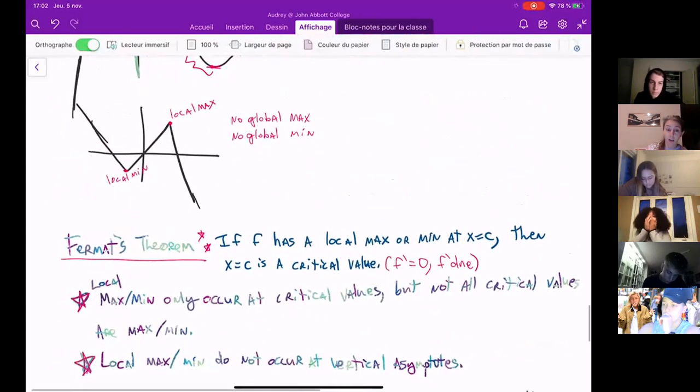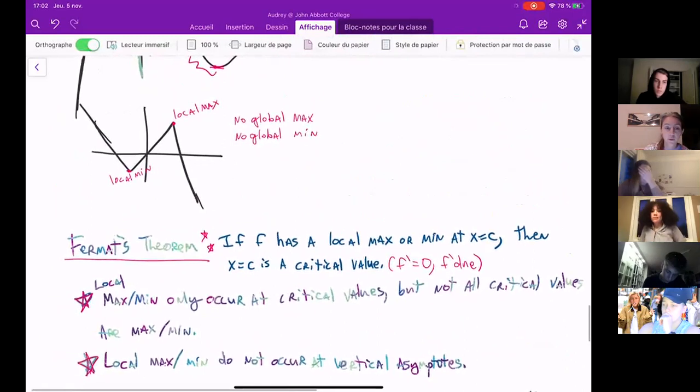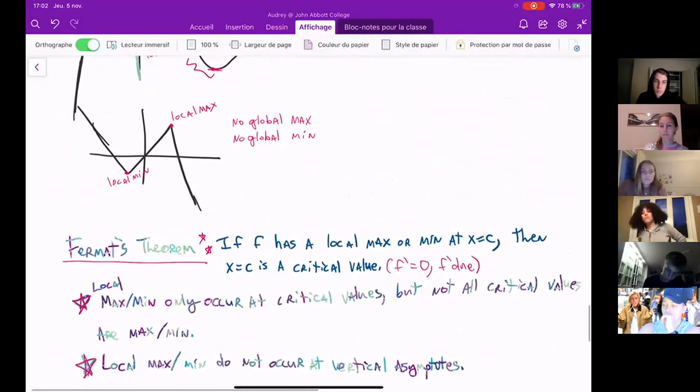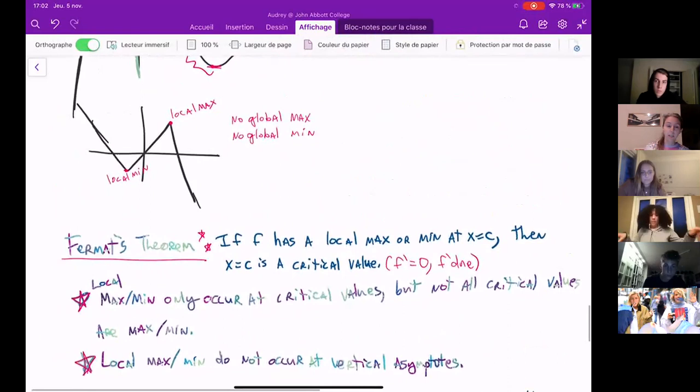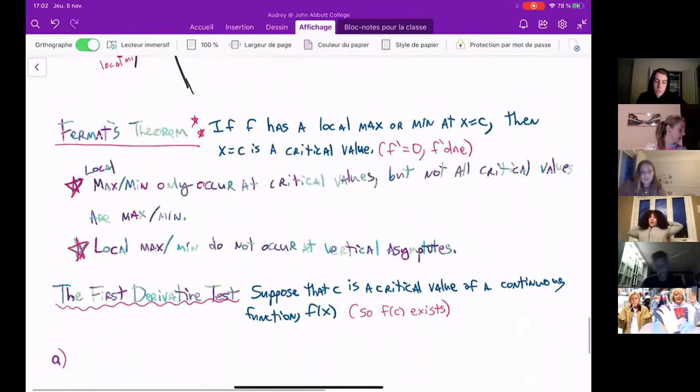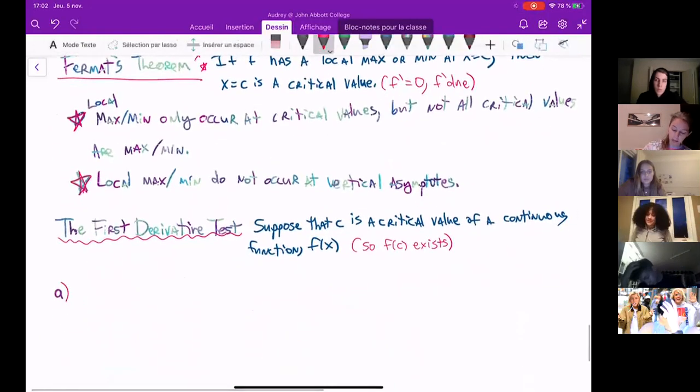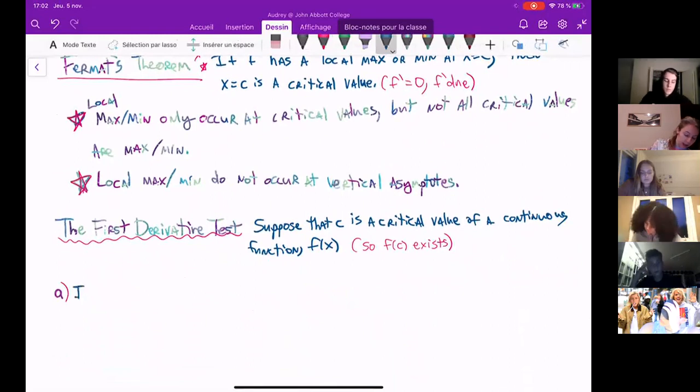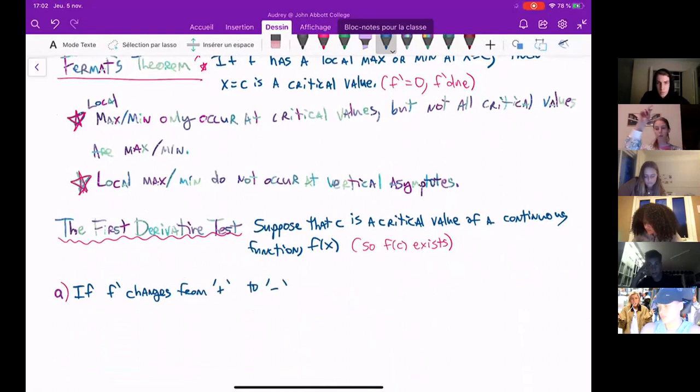If the function goes from decreasing to increasing, I have a min. And if it goes from increasing to decreasing, I have a max. So this is what the first derivative test tells me. It says that if f prime changes from positive to negative, so in other words, I go from increasing to decreasing, then I have a local max.